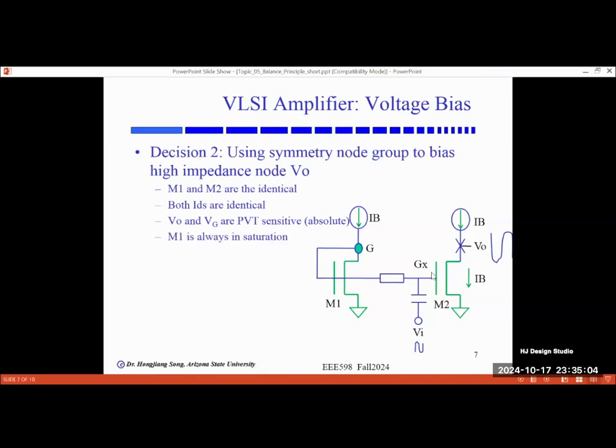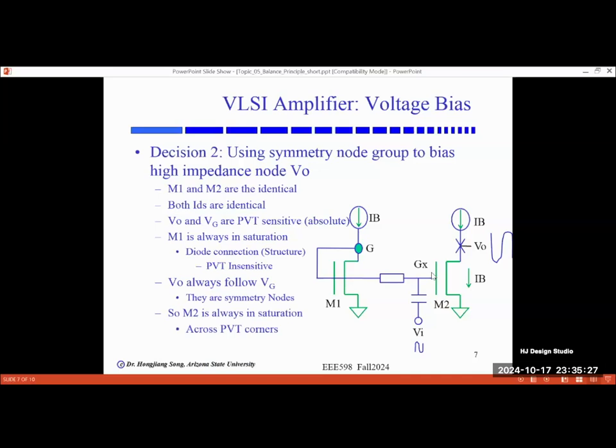However, these two will track each other. And since M1 is always in saturation due to the direct connection across PVT corner, and since Vout and VG are symmetric nodes, this node will be tracking each other. So by doing this, we ensure M2 is always in saturation across the PVT corner. Also, by using this, we can determine the DC bias voltage of the output of the amplifier, which is basically VG or VG plus VGS.